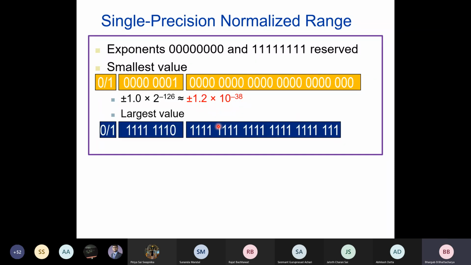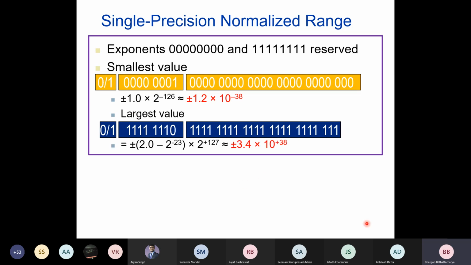And similarly, the largest value, this could be plus or minus. All 1 is reserved, I mean 255 is reserved here. So I could have all 1s, but the least significant bit is 0, which represents 254. And then, since I am going to maximize my value, I put all 1s in the mantissa.